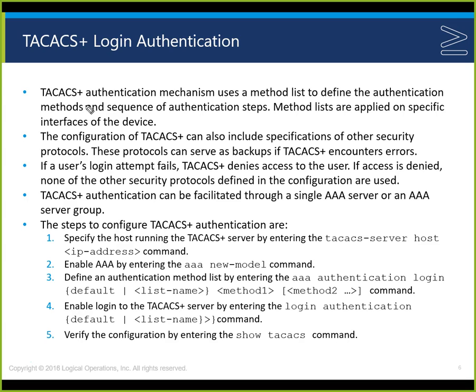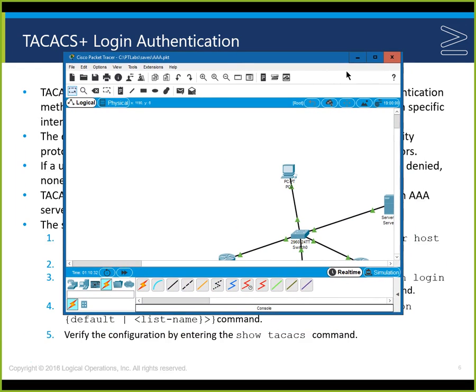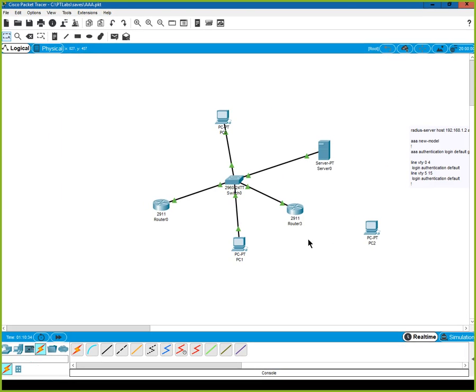The TACACS login authentication uses a methods list to define the sequence of authentication steps. We keep saying methods list, and again, the process is very similar. Let's do some of this right now.